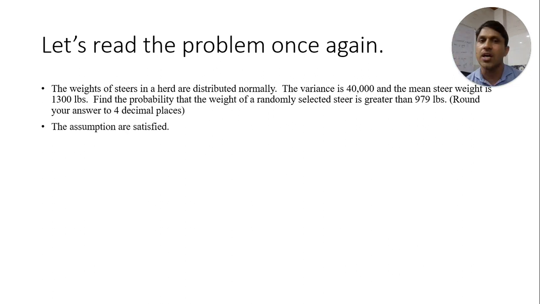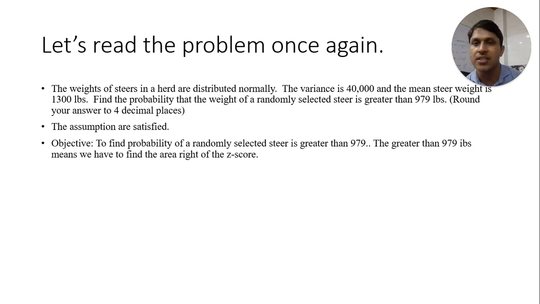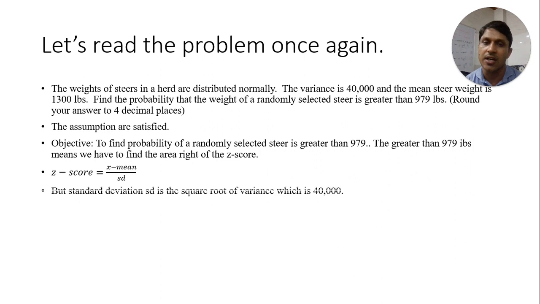Here the assumptions are satisfied because it is said that the weights of steers in a herd are distributed normally, so the first is satisfied, and the variance and mean are given, so we don't need to consider the more than 40 or less than 40 assumption. The objective is to find the probability that a randomly selected steer weighs more than 979.